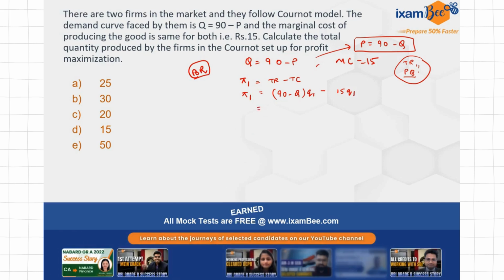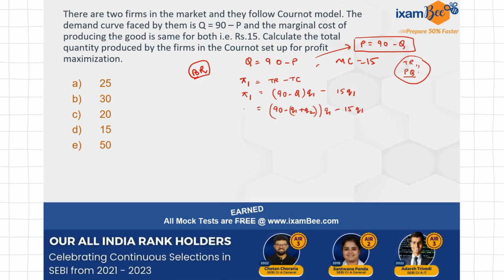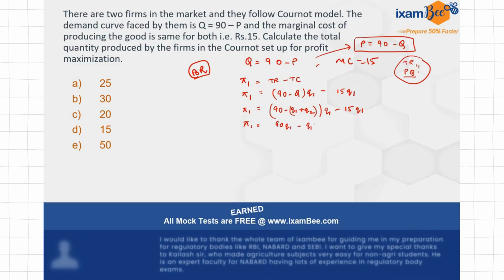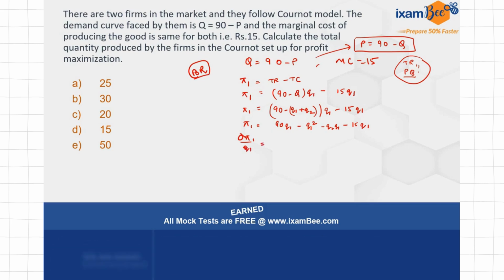Now instead of Q, you can split it as 90 minus (Q1 plus Q2), times Q1, minus 15 Q1. So pi 1 is 90 Q1 minus Q1 square minus Q2 Q1 minus 15 Q1. Now you differentiate this with respect to Q1 to get the best response function.